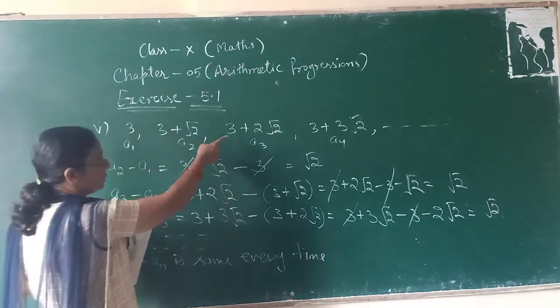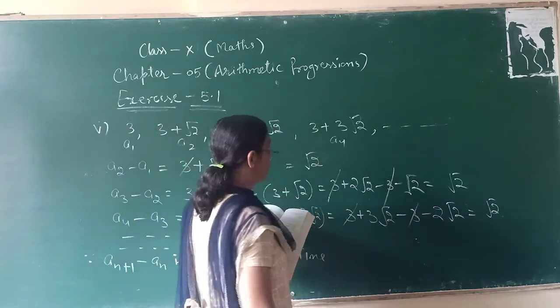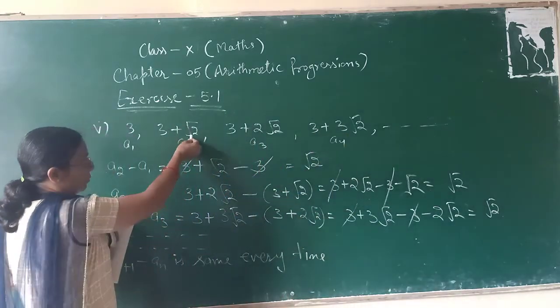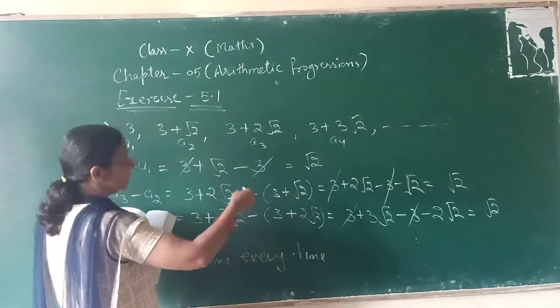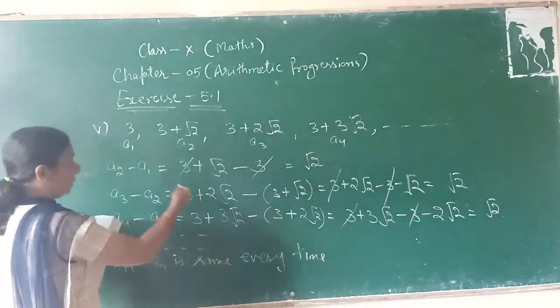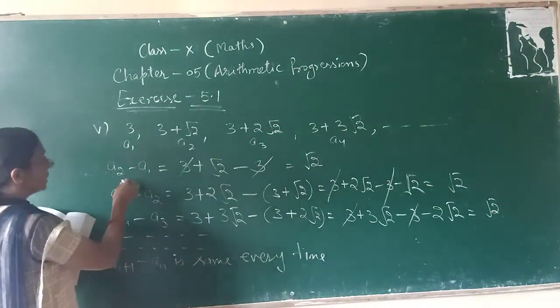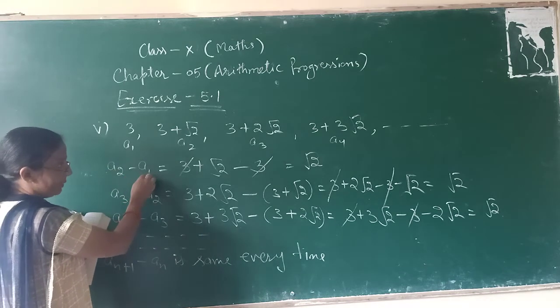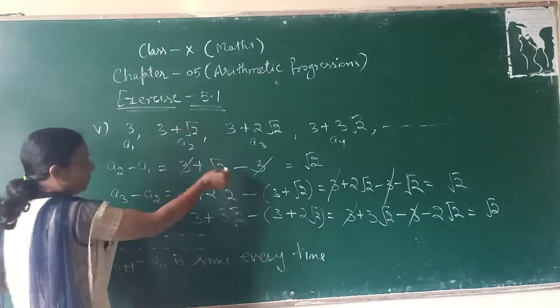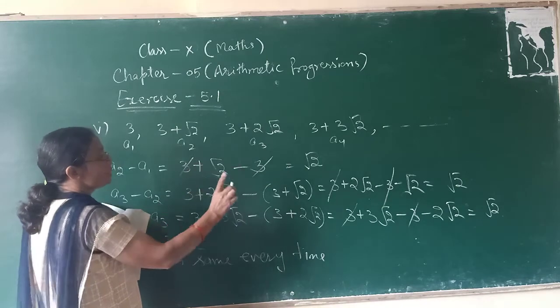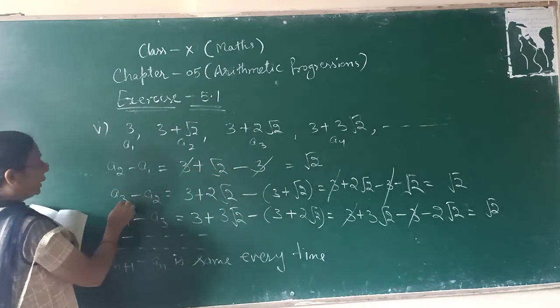What is in this? 3 plus root 2, 3 plus 2 root 2, 3 plus 3 root 2. Each time, the coefficient of root 2 is increasing, like 1, 2, 3. So here we write 1, 2, 3, 4. Then similarly we have to find a2 minus a1: 3 plus root 2 minus 3. The 3 cancels because 3 minus 3 is 0, so root 2 remains. Now a3 minus a2.